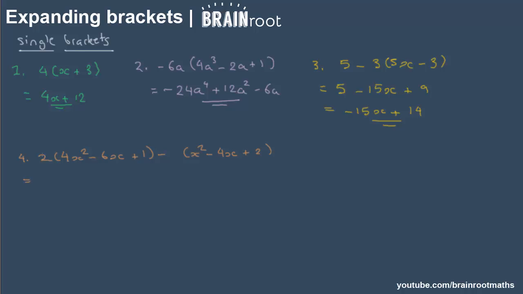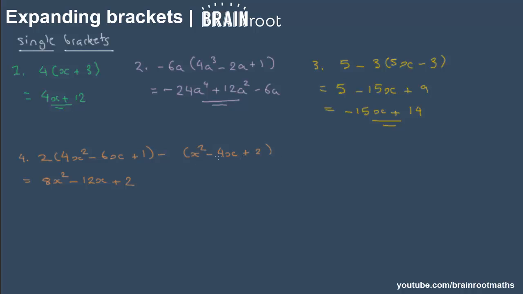So we've got 2 outside the bracket here, and let's times 2 by each term inside the bracket. 2 times 4x squared simply gives us 8x squared. Second term is minus 6x, so 2 times 6 is 12, minus 12x. And the last term in this bracket is 1, so 2 times 1 is simply plus 2. Now let's go on to this bracket.